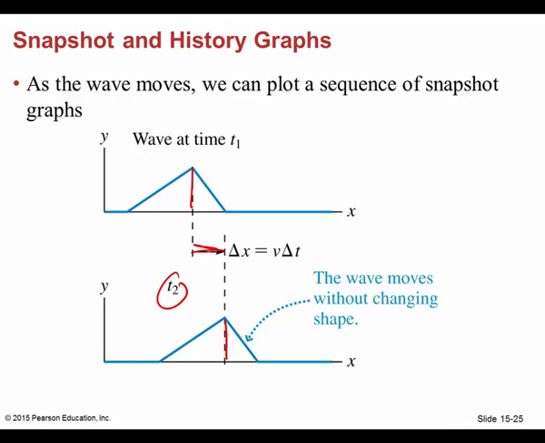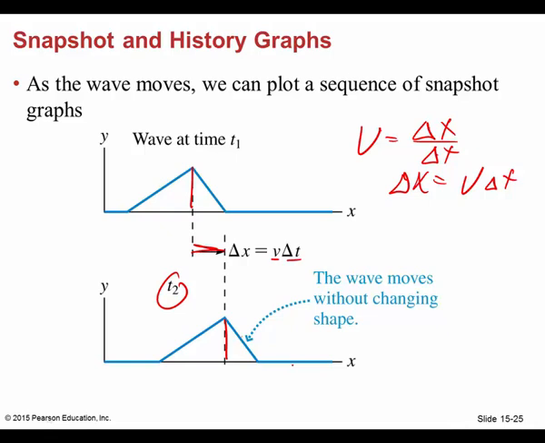So how can we find the displacement of that pulse if we know the speed and we know the time? Well, we get it from this equation right here, the change in x over the change in time, and solve for delta x. Delta x is the velocity of the wave times the change in time.